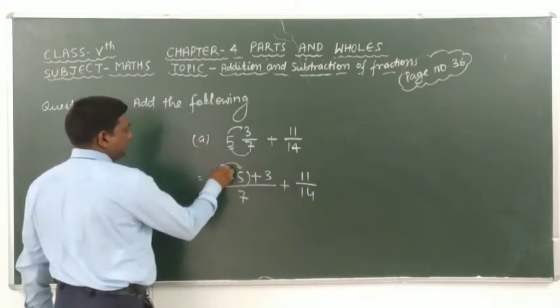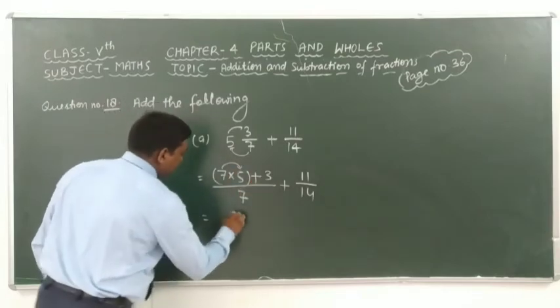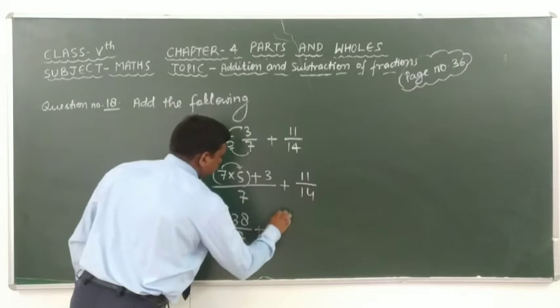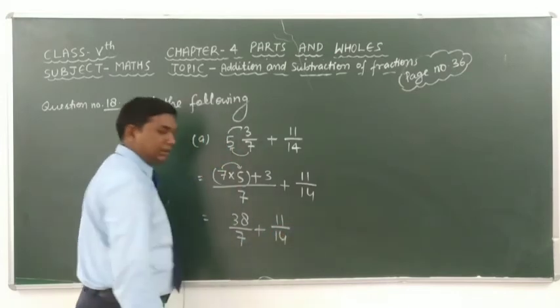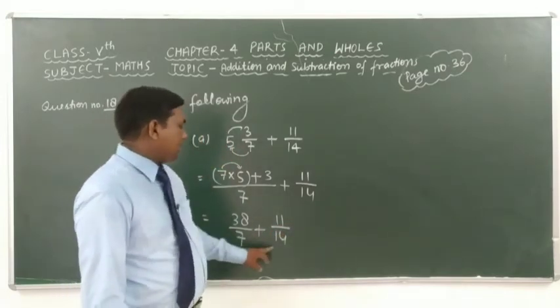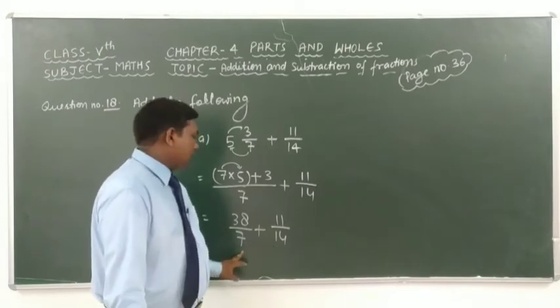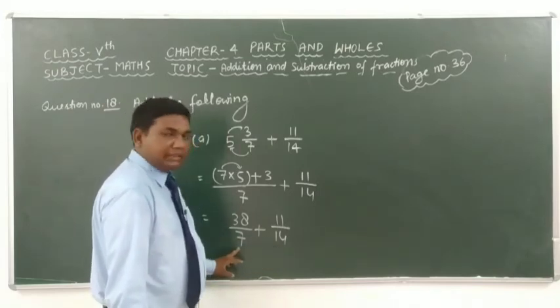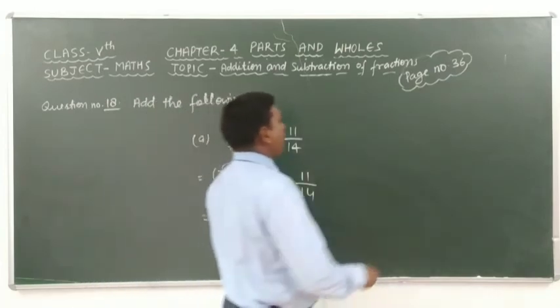After solving, 7 times 5 is 35, plus 3 is 38 over 7, plus 11 over 14. Here we have 7 and 14. We know that 7 and 14 are not the same. Therefore, we can take the LCM of 7 and 14.